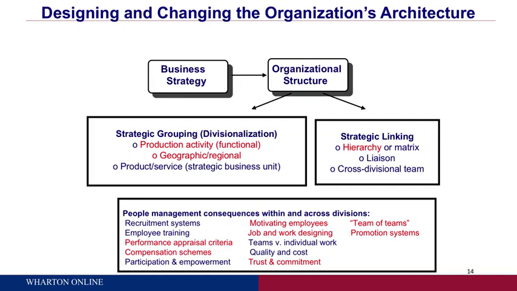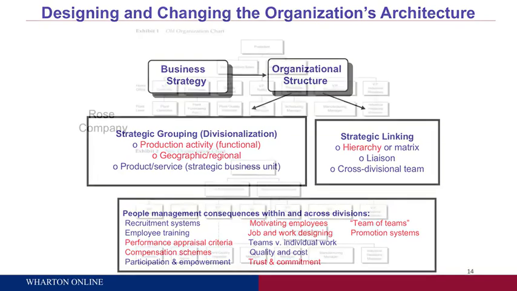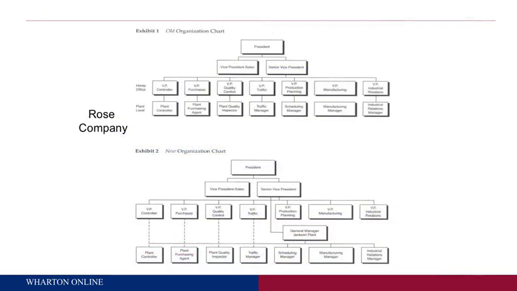And to get us going on this, I'm going to have you work here for a company called Rose Company. It's a manufacturing firm, and it has, just to use the nomenclature of the field here, a very functional organization in the sense that there are a number of production facilities.